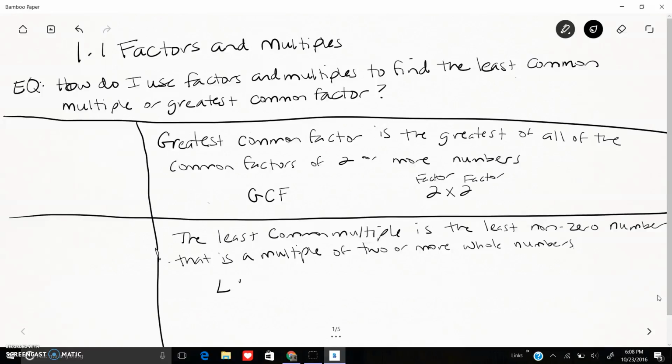Also called LCM. That is going to look like multiples of 2: 2 times 1 is 2, 2 times 2 is 4, 2 times 3 is 6, 2 times 4 is 8. These are all multiples of 2.